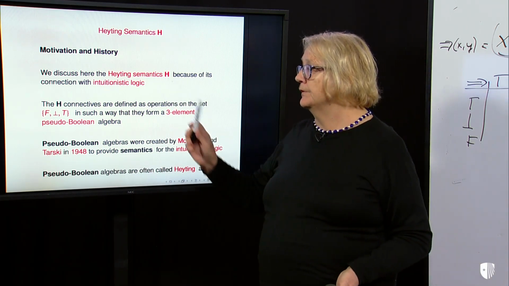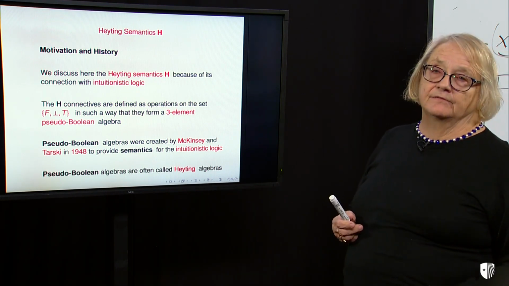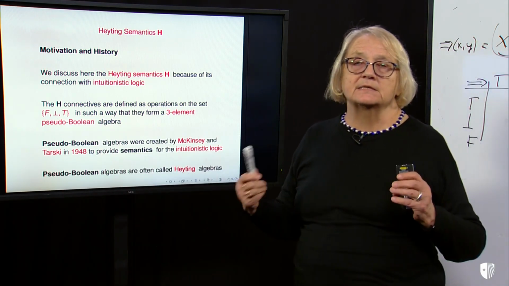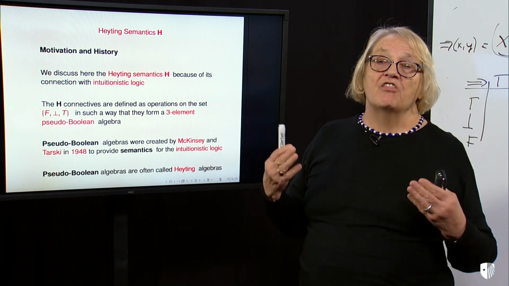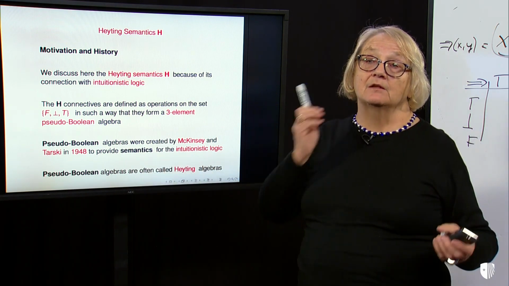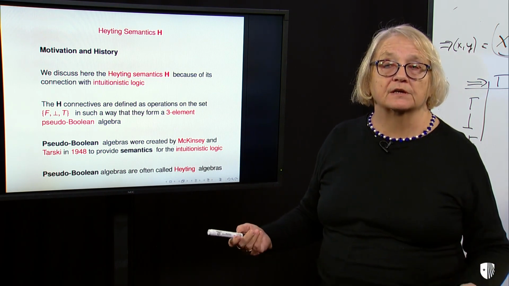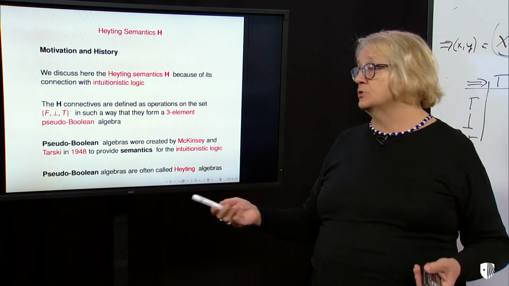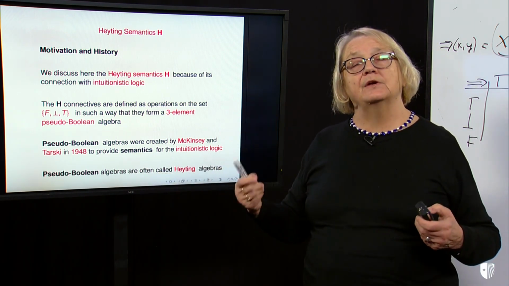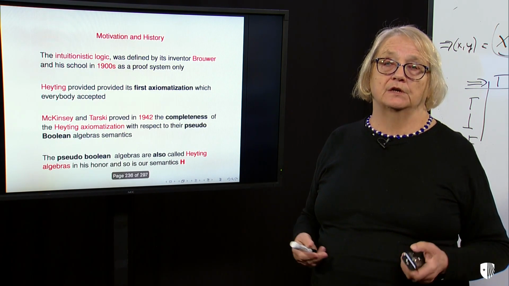Heyting is very important. It's called Heyting three-valued logic because the connectives are defined as operations in our set in such a way that they form a three-element pseudo-Boolean algebra, and pseudo-Boolean algebras were created by McKinsey and Tarski in 1948 to provide semantics for intuitionistic logic. Pseudo-Boolean algebra is also called Heyting algebra, to honor Heyting, who gave the first axiomatization of intuitionistic logic.